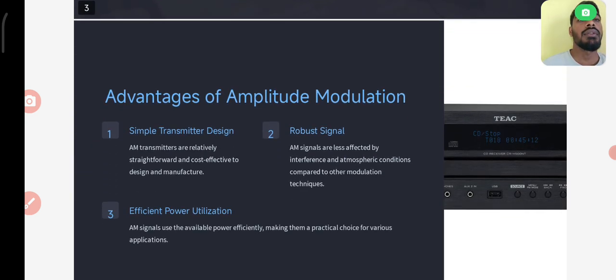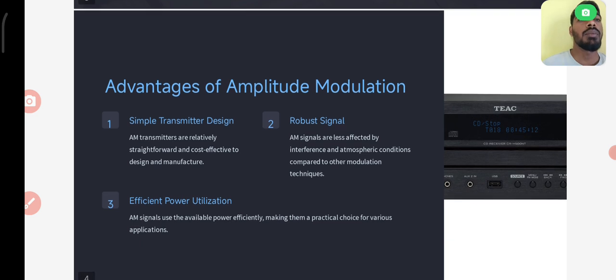Next, advantages of amplitude modulation. First, simple transmitter design. Amplitude modulation transmitters are relatively straightforward and cost efficient to design and manufacture.